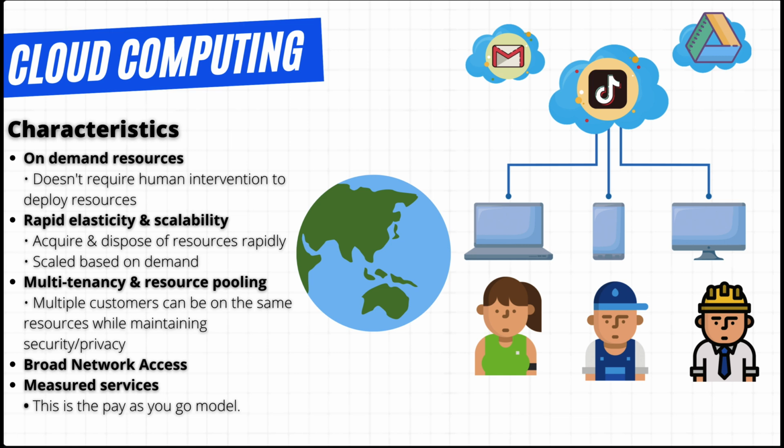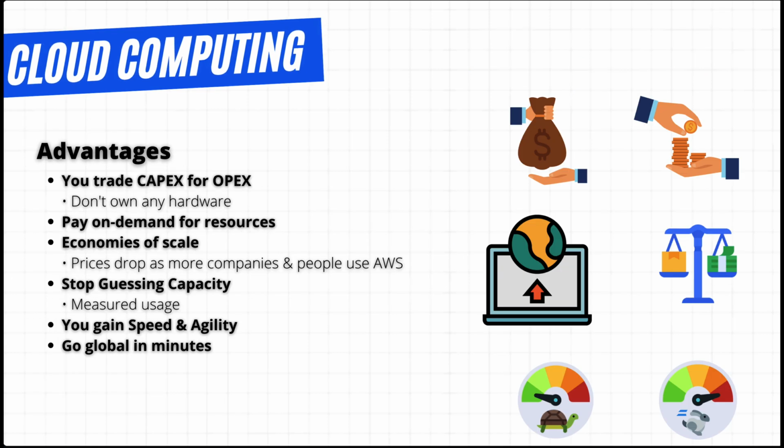For your customers in Australia, you can deploy resources in their country, and all you need is the internet. Measured services basically defines it as a pay-as-you-go model with no long-term contracts. Well, there are some long-term contracts, but we'll talk about those later in the course.